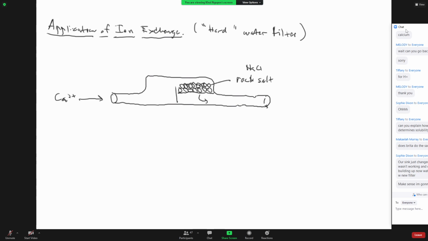And what ends up binding is our calcium ion plus NaCl becomes calcium chloride, which is a solid, right? It's what we call a precipitate. And we're going to collect it with that filter, and we're going to get sodium ions coming back out.